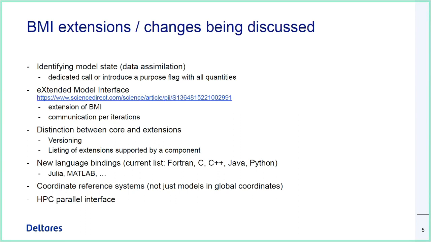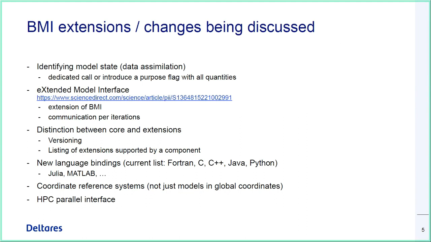So, what are the ongoing discussions? One is that people started asking about data assimilation, things like that, or storing states and restarting. So we said, well, what are the quantities that the system should store and reload? Do you have the model have a state dump option, or can I query the state vectors, quantities, and give them back?